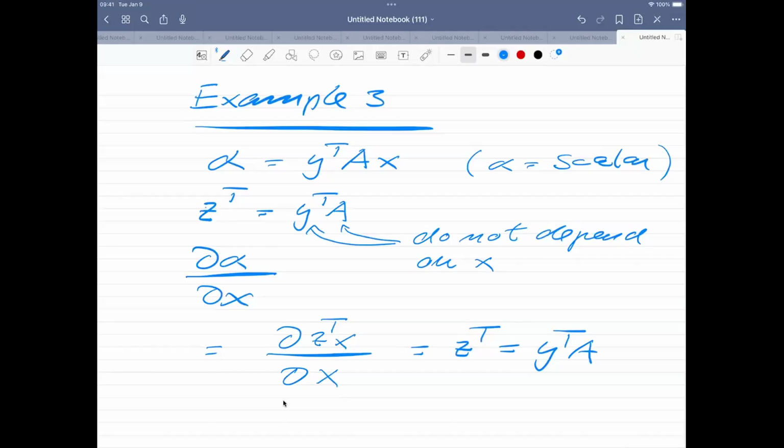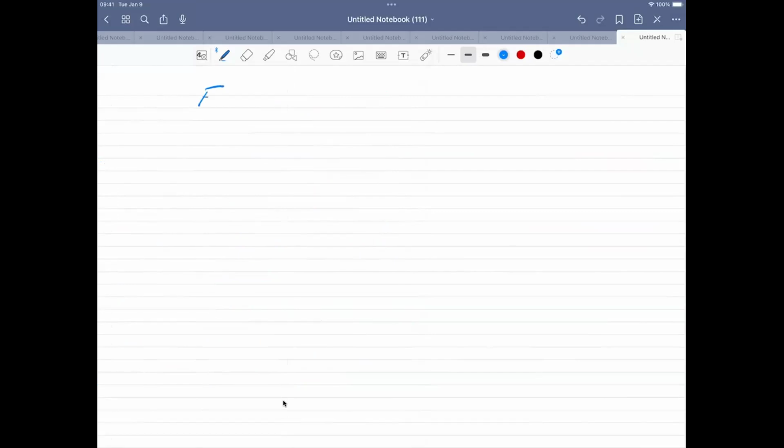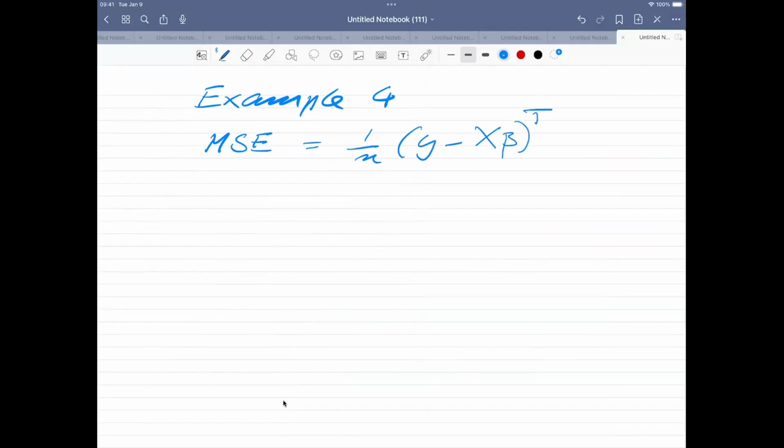So these are examples. If you think of the mean squared error, your example 4, this is something which we wrote like 1 over n times y minus X beta transpose times y minus X beta.